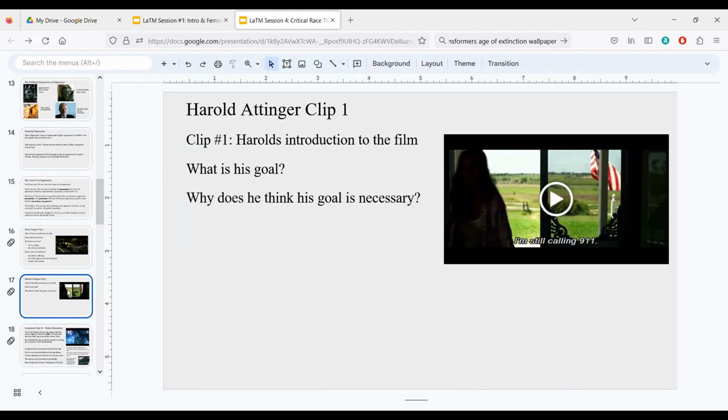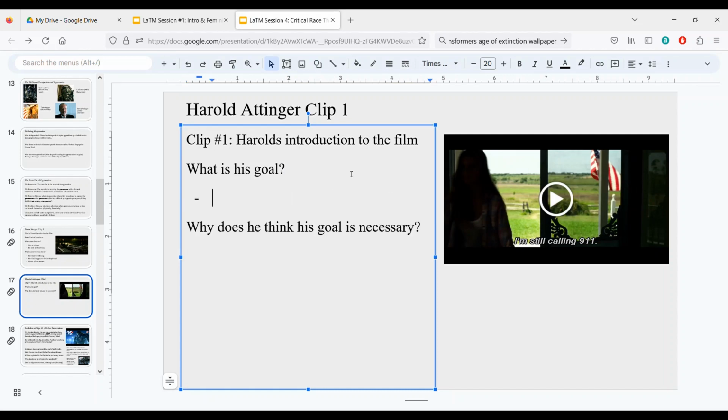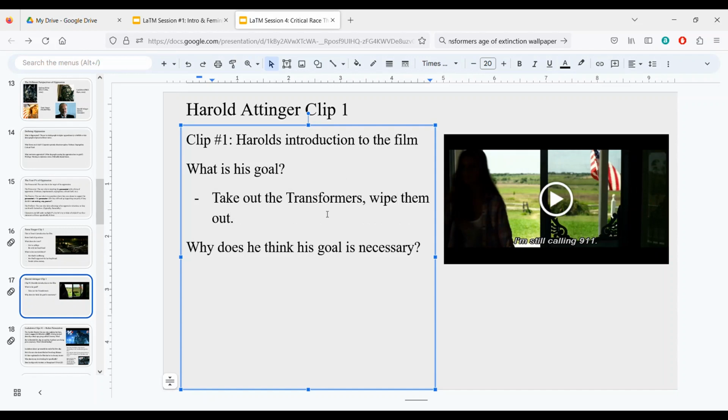Tommy. And then how about the Kelsey Grammer character, Harold Attinger? What are his goals? Take out the Transformers. Take out the Transformers on a date? No, I mean take out the Transformers, like kill the Transformers. Okay. What else? I don't know. He's kind of one note, so I don't know what else he wants. What does he talk about with Stanley Tucci's character sometimes?